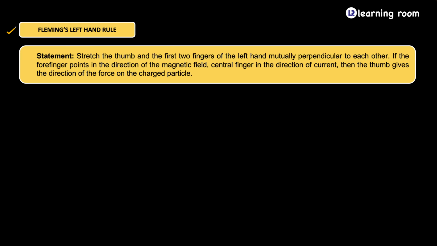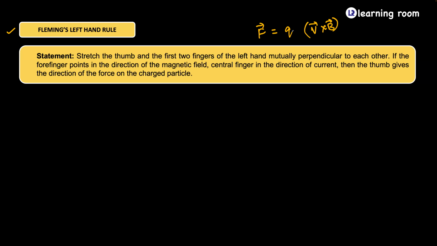One way is you can directly use the concept of the cross product of vectors and use this V vector cross B vector and tell the direction. But here you need to be careful. F vector is equal to Q into V vector cross B vector. I'm just giving you a lead before understanding why we need Fleming's left-hand rule. So concentrate on what I'm trying to say.